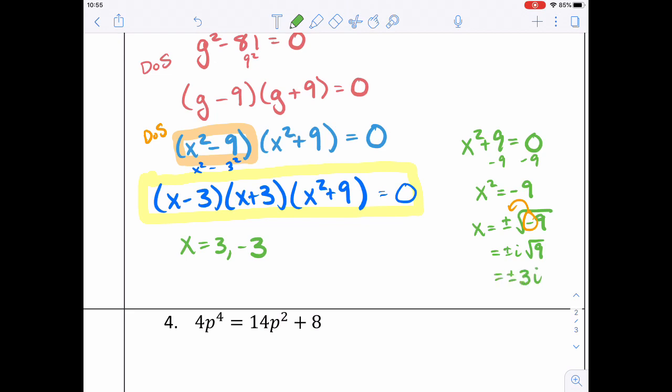So this is just 3i. And remember, if we have plus or minus, we can write that out as 3i and negative 3i. That's what plus or minus is. It's just a shorthand way of writing a positive and negative. So we can actually rewrite this much shorter as plus minus 3, plus minus 3i. It doesn't matter to me which way you write it, but you do need to understand what both of these lines mean.